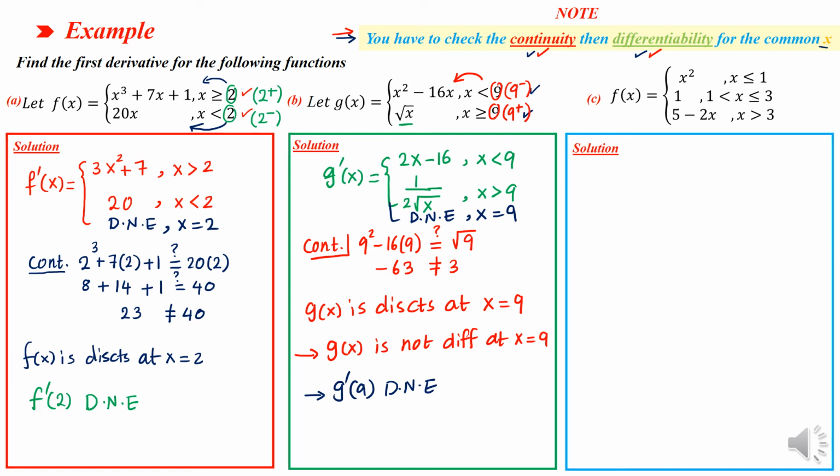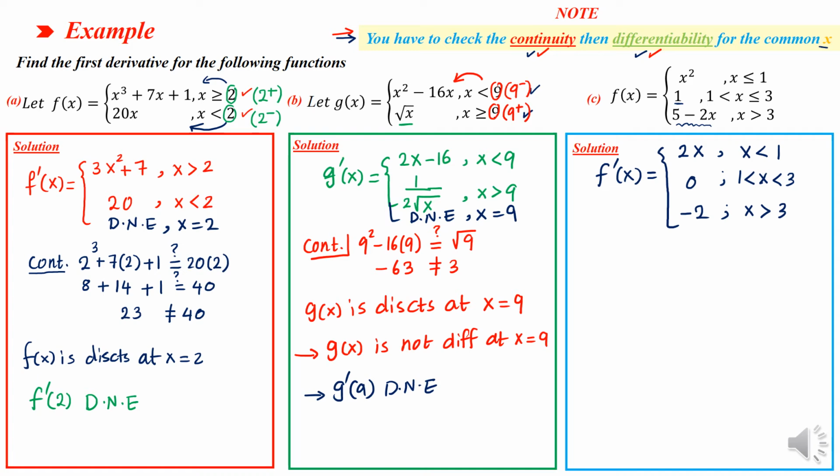But first you have to find the first derivative. f prime of x equals, here we have 2x when x is less than 1, and for the second one, the function in the second interval is a constant, so the derivative is 0 when x is greater than 1 and less than 3, and the third function in the third interval is 5 minus 2x, and the derivative is negative 2 when x is greater than 3.